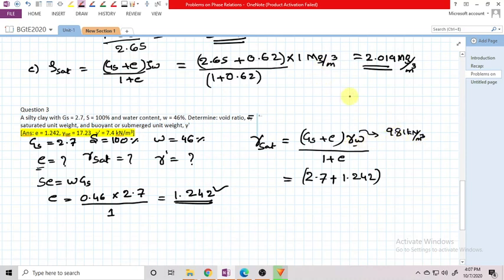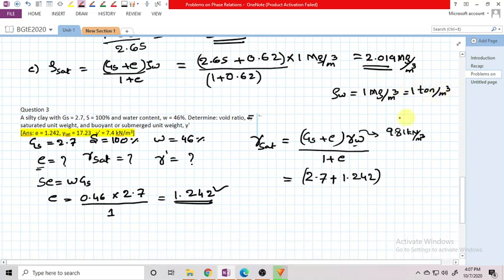But in the previous example, we talked about density of water, and there we took 1 megagram per meter cube, which is equivalent to 1 ton per meter cube, which is equal to 1 gram per centimeter cube.